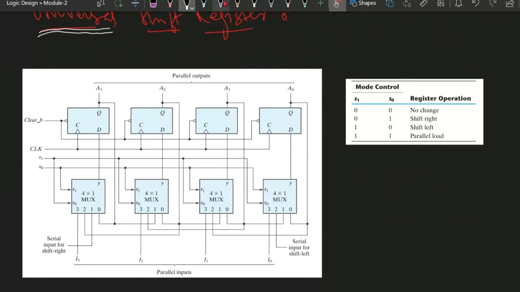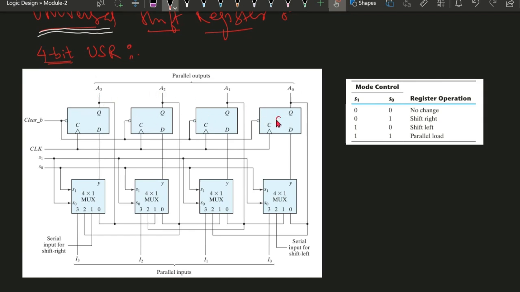So this is the universal shift register. It is a 4-bit universal shift register, so 4 flip-flops will be used. Here flip-flop 1, flip-flop 2, flip-flop 3, flip-flop 4, or you can name it a different way, because based on the output values A0, A1, A2, and A3 are given.